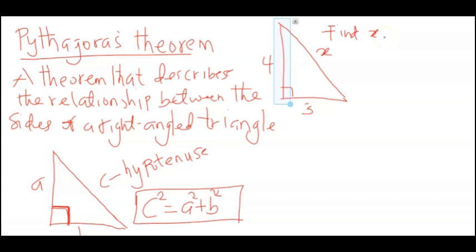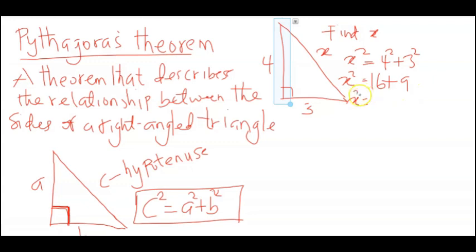Since this is a right angle triangle, we are going to apply the Pythagoras theorem to solve for the missing side. So from Pythagoras we can say that x squared is equal to 4 squared plus 3 squared. So x squared will be equal to 4 squared, which is 16, plus 3 squared, which is 9.